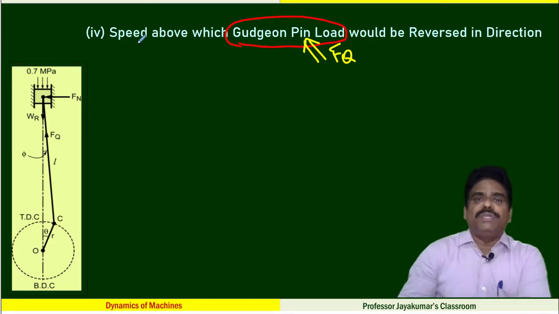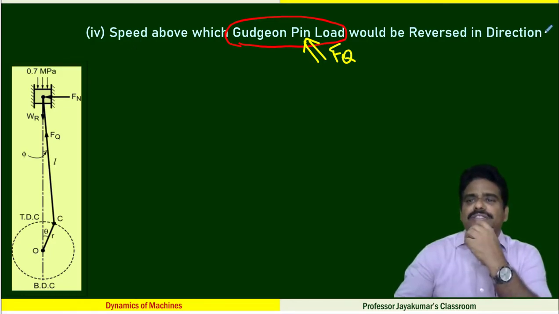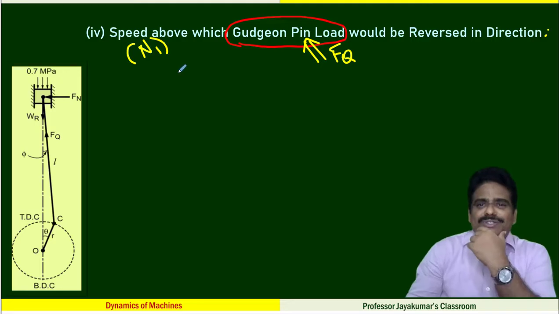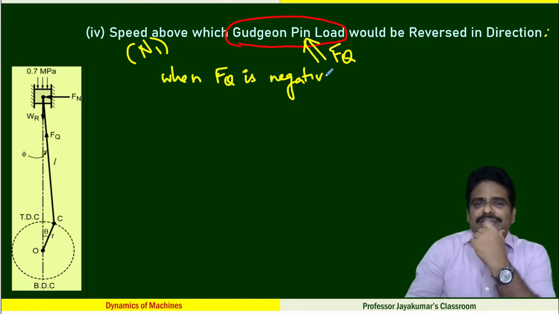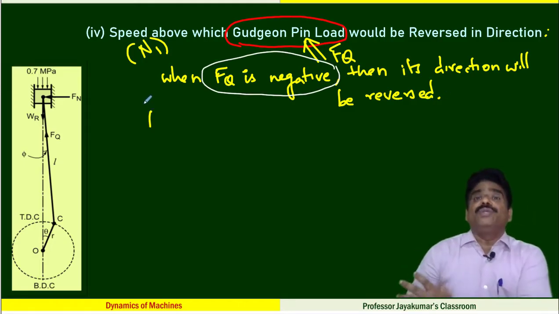At what speed will the Fq load be reversed in direction? Let me call the new speed N1. When Fq is negative, then its direction will be reversed.